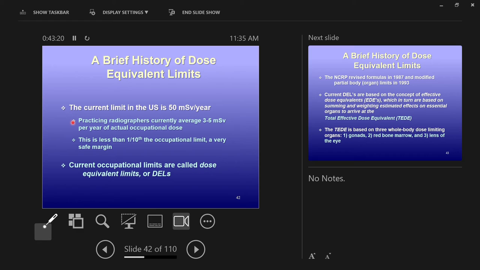Practicing radiographers average about 3 to 5 millisieverts per year of actual occupational dose. So on the high end, we get about 10% of what we're allowed. In other words, we don't even get close to passing our yearly limit if we do things correctly.